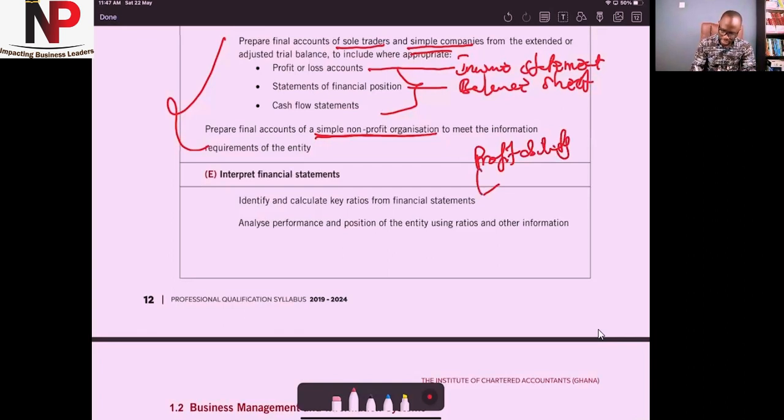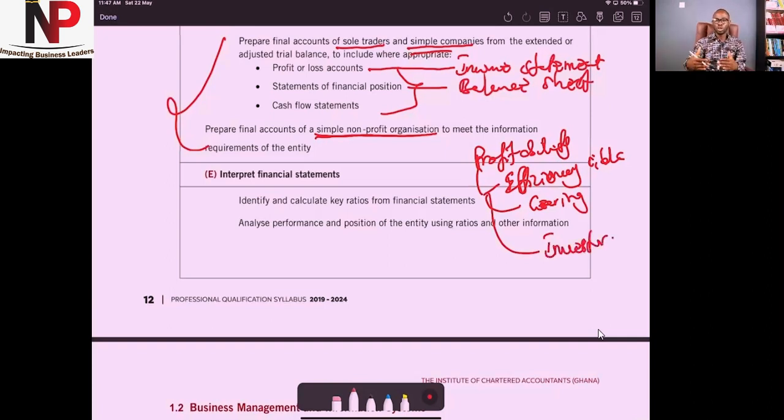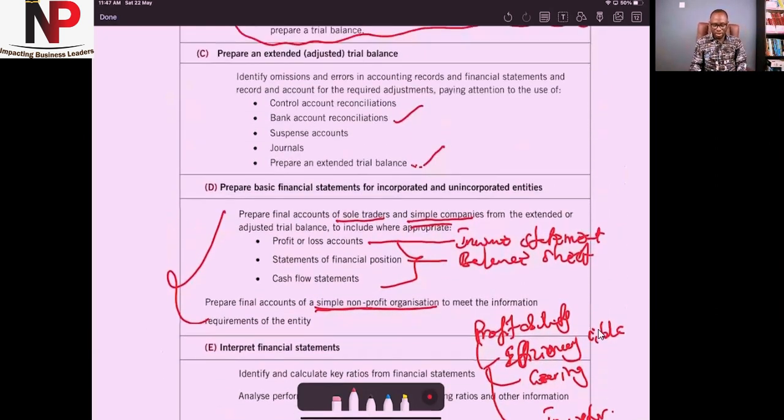We're going to be looking at the efficiency or working capital ratio. We're going to be looking at the gearing or leverage ratio, depending on the school you attended. And then we're going to be looking at the investors' ratio. So we're going to compute all these ratios, then we interpret. It's very easy. It's not difficult.